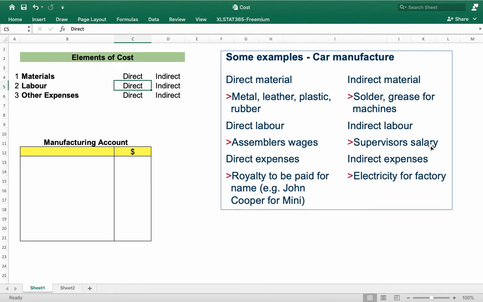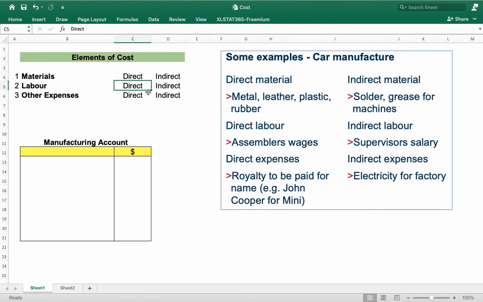But do you think the supervisor is directly involved in the production process? No, he isn't. He just oversees everything, but he is not doing any manufacturing work. So the supervisor's salary will be known as indirect labor.